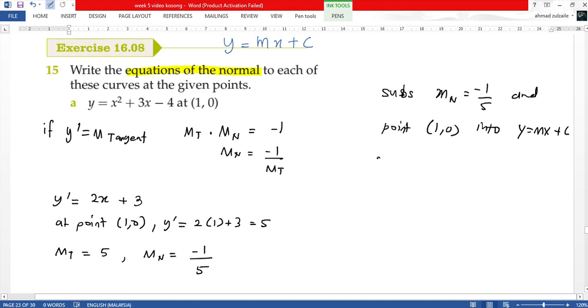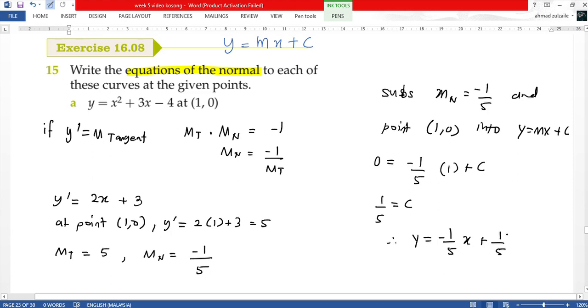Substitute lah. So 0 equal to your m, negative 1 over 5, times 1 plus c. So c equal to 1 over 5. Therefore, y equal to negative 1 over 5 x plus 1 over 5 is the equation of normal.